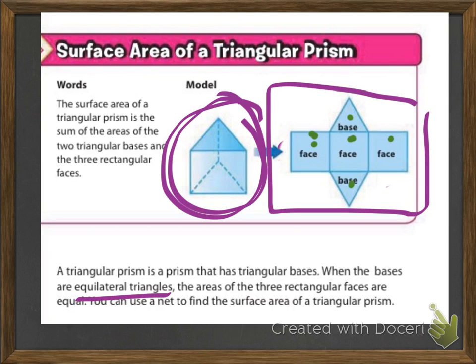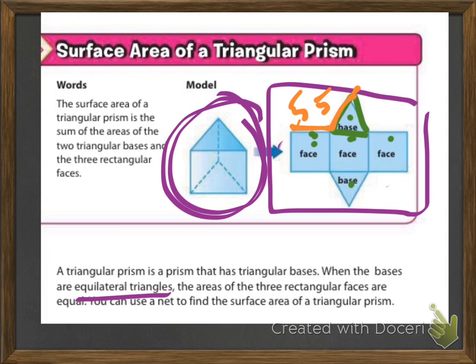A triangular prism is a prism that has triangular bases. When the bases are equilateral triangles, the areas of the 3 rectangular faces are equal. Equilateral means that each of these sides are the same. So let's say this side is 5, then this side is 5, because if I were to glue them back together and fold them like we did with our rectangular prisms when we made those, these each would be the same size.